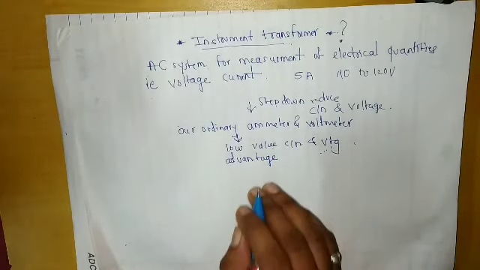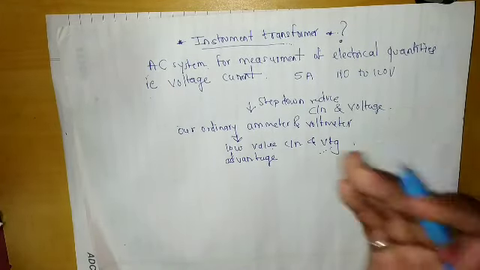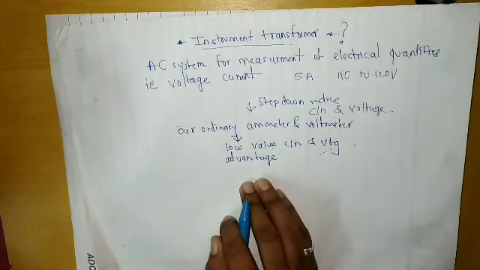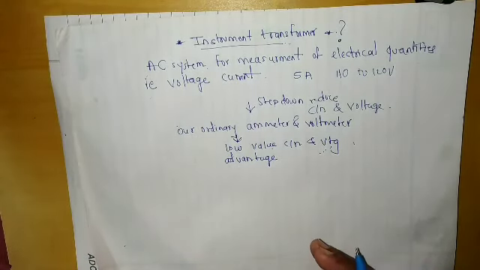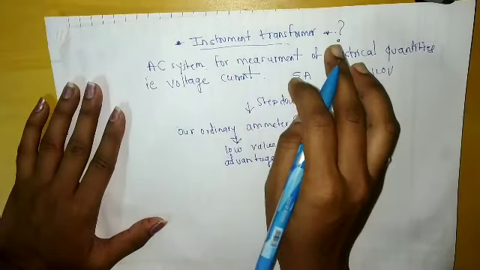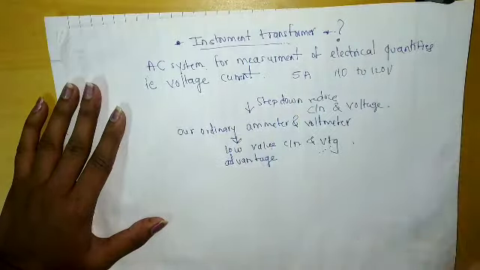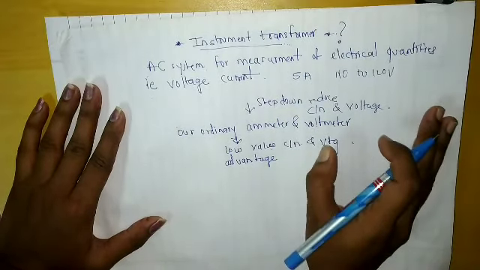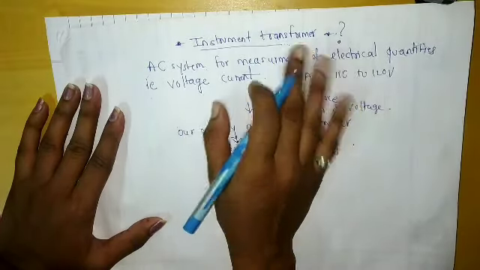The main advantage is that if we want to measure the large voltage and current of any system, we can measure it using a small rating instrument, by using the instrument transformer, right? So we can measure the large value of voltage and current, it is possible, but we require instrument transformer.